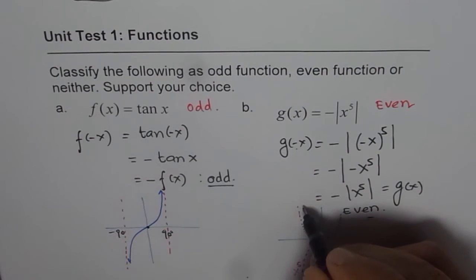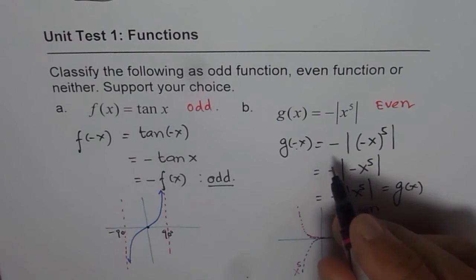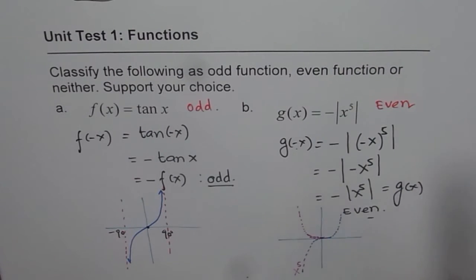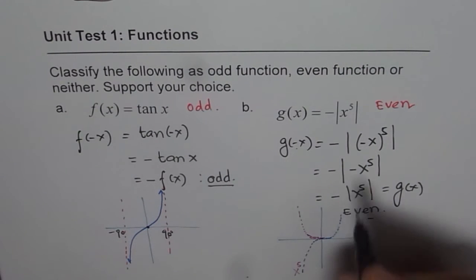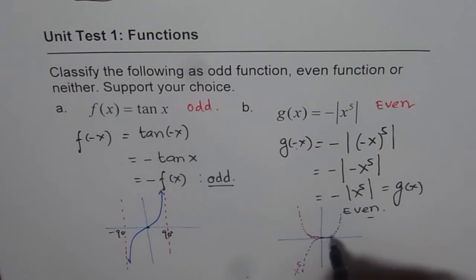Now that is your function as positive, but when we take the negative of this, everything comes downwards. So basically negative means this will also flip here, and we'll have something like this. It's not a very accurate graph.